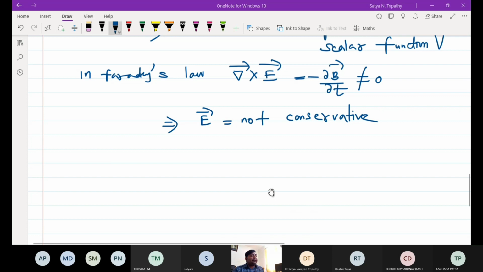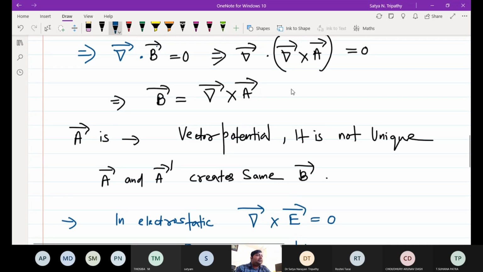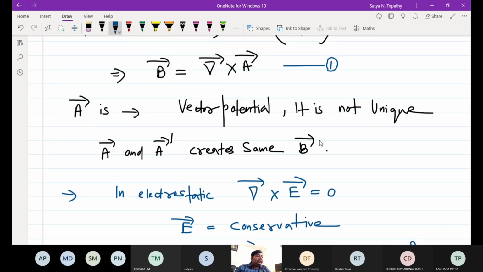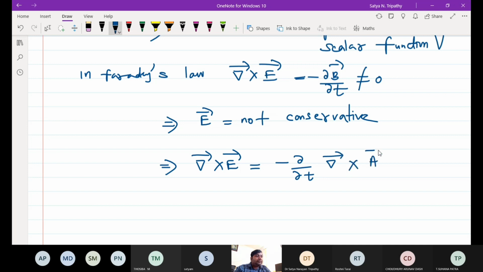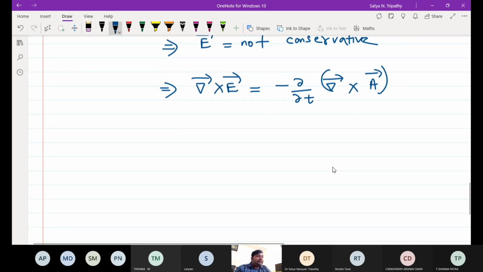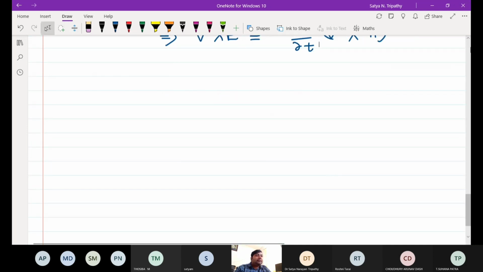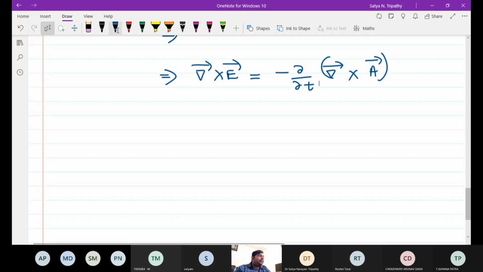So what we can do is apply the above equation 1 in this case. Here del cross E is now minus d by dt of del cross A. Here del signifies d by dx, and t is time.